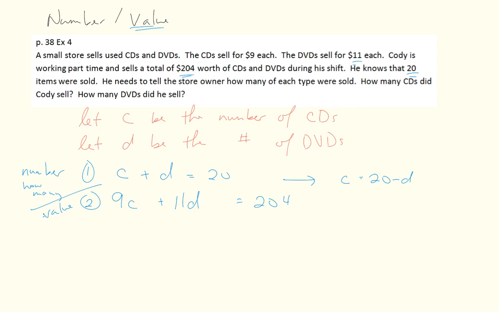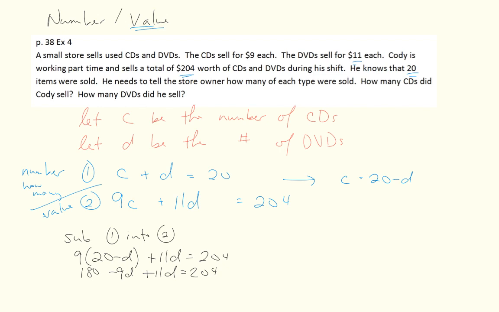And so I proceed by subbing 1 into 2. Away I go: 9 times 20 minus D plus 11D equals 204.